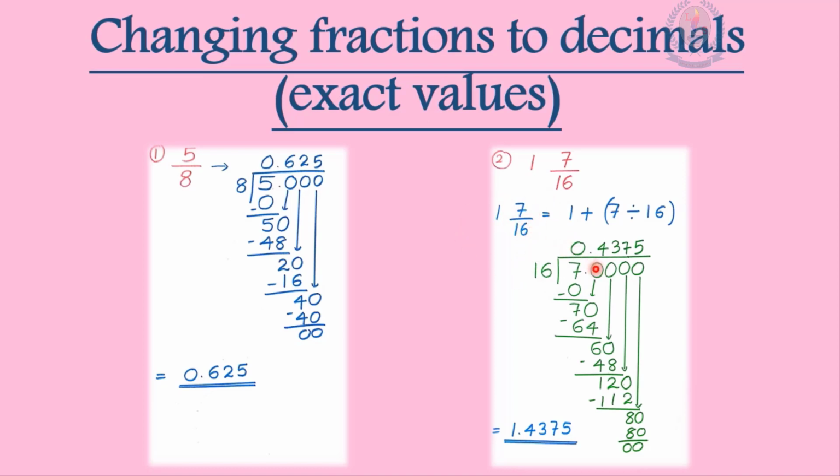So 7 should go inside and 16 should go outside. Then this is the way of doing long division. Then the answer should be 0.4375. That is the answer when we are dividing 7 by 16, right? But we have another 1 remaining, so we have to add those two values. The final answer is 1.4375.